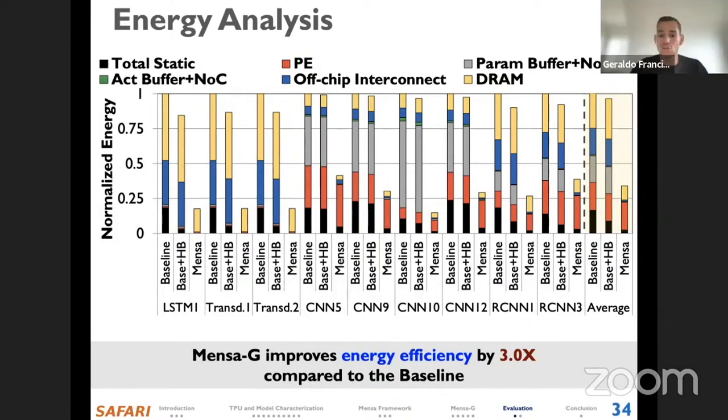Yeah, it's true. The main reduction is due to the fact that two of the accelerators are placed inside memory, right? So this is DRAM. So both the DRAM traffic, but I think this component is more visible in the off-chip interconnect. But there is also the fact that we have a specialized data flow that is tailored so that once the data is in the processing element, it is reused as much as possible for the layers that make sense.